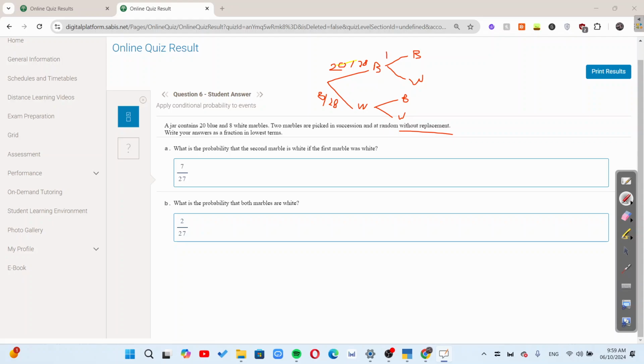So this chance is now 19 over 27. And this other one is 8 over 27. This now here is 20 over 27. And that one is 7 over 27.